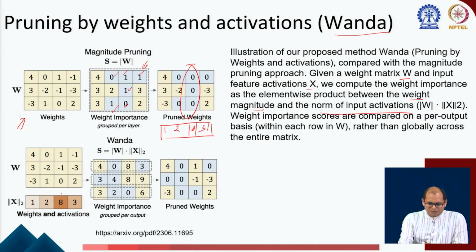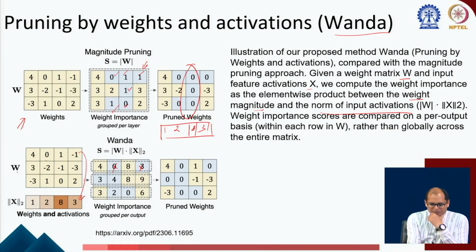So you take the absolute value of the weights and multiply by the actual data, and you get 4, 0, 8, 3. In this, I can now prune. Let's say I have to prune 50%. I'll prune this and this, because they have the smallest w times x value.